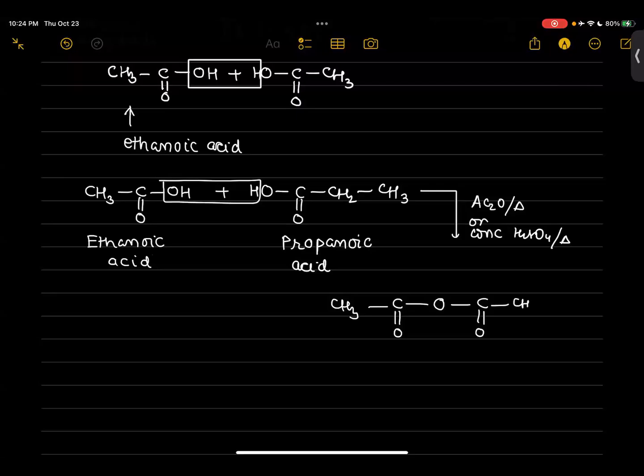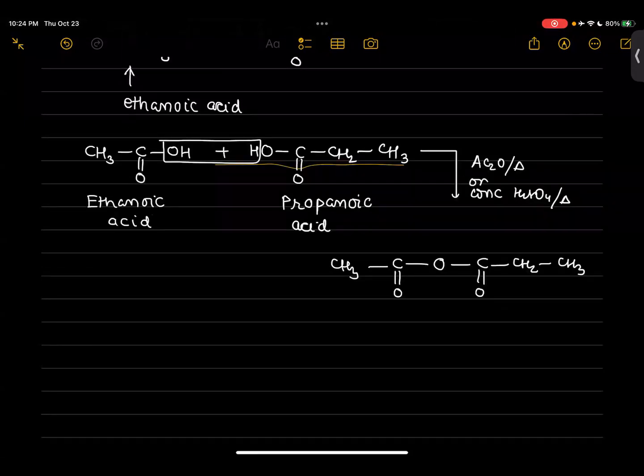Is this clear or not? So what is the name of this anhydride? Just write the name of the parent acids up to oic, don't put acid, and then anhydride. So what will be the name of this anhydride?